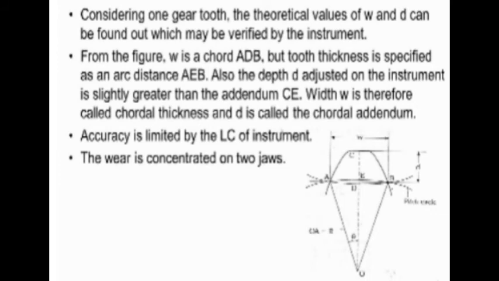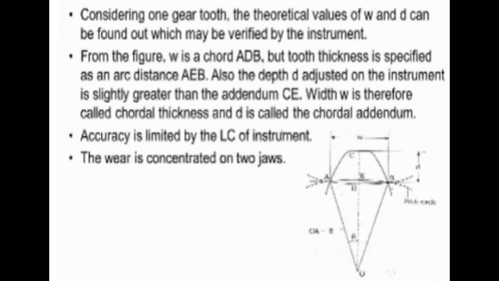Now we can see we have considered one tooth here. The theoretical values of capital W and small d can be found out, and then the values are verified by the instrument. From the figure, capital W is ADB.